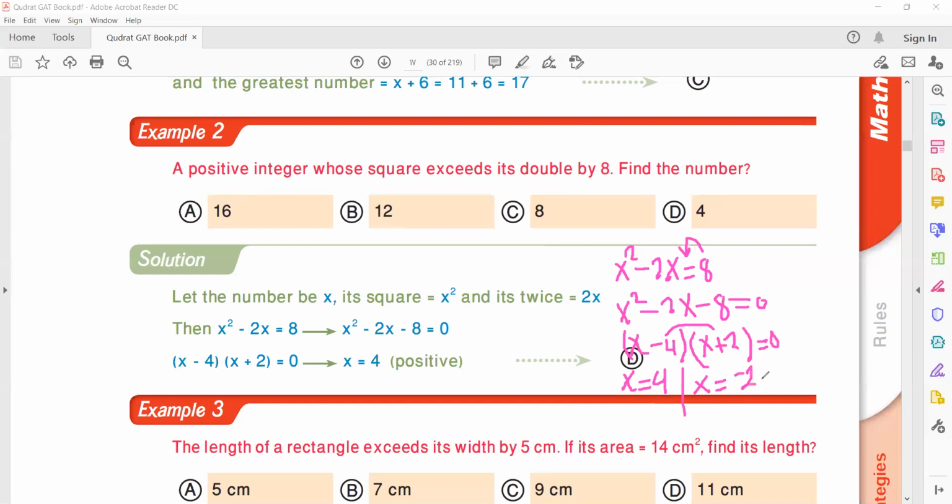He said positive integer, so the correct answer is x equals 4. So the answer is D.